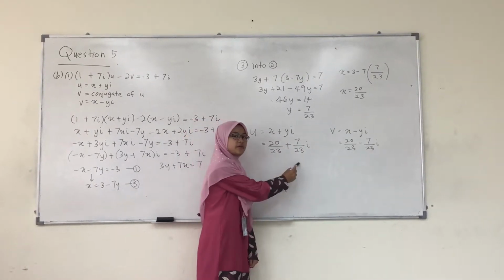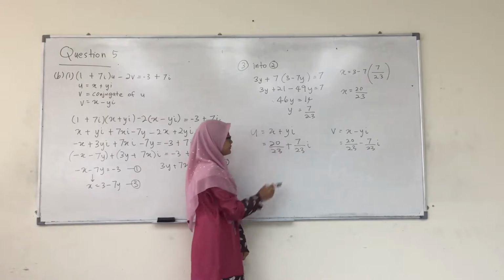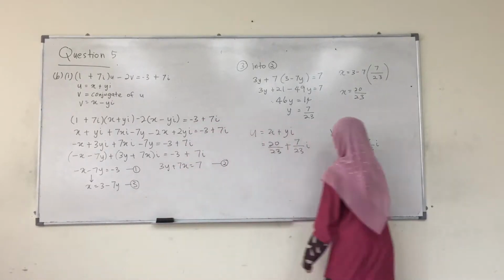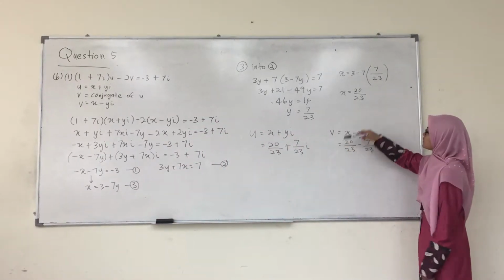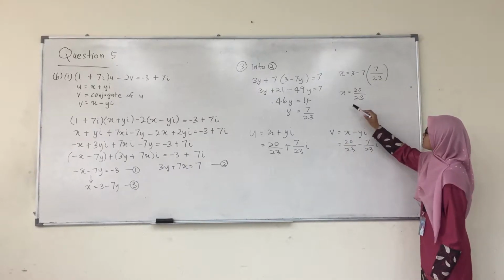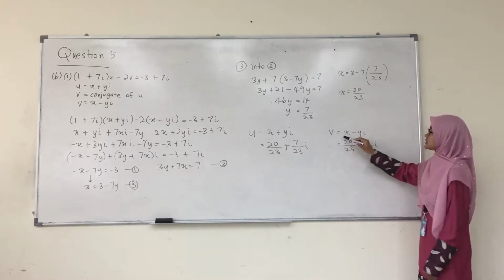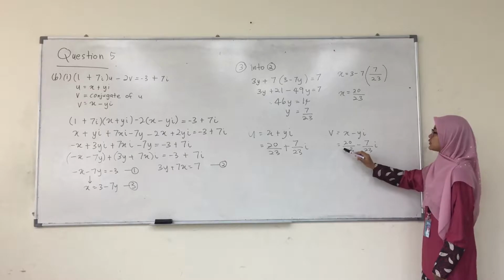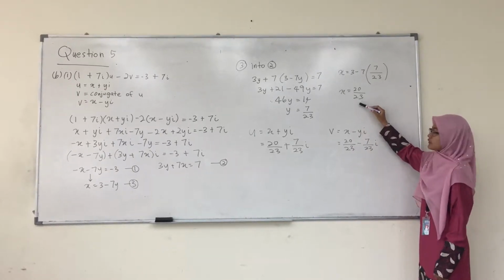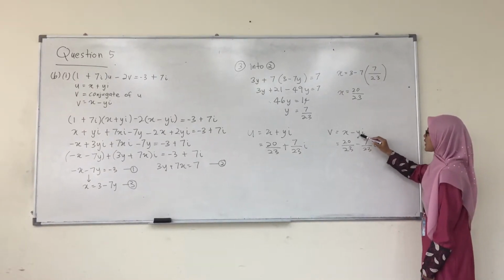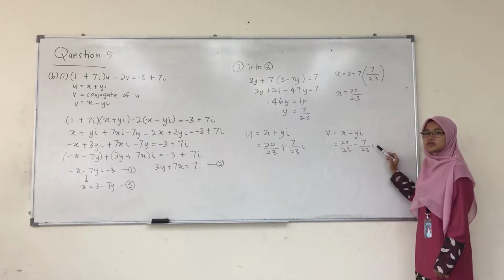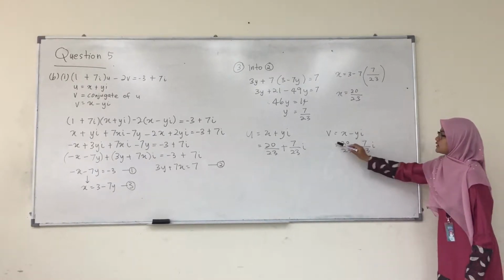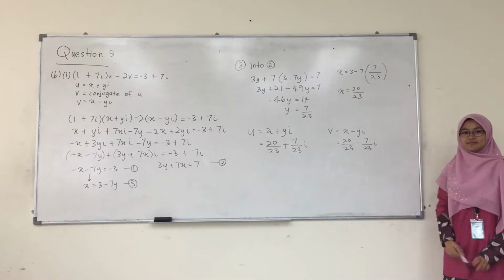So here we have the value of u. For v it is the same. The equation of v is x minus yi, so we substitute x, 20 over 23, minus y, 7 over 23 i. So this is the value of v.